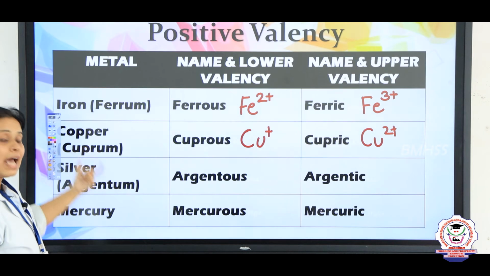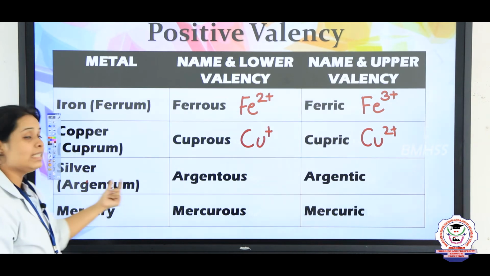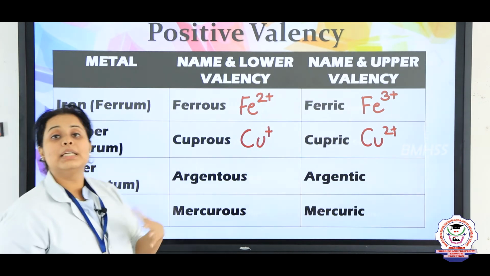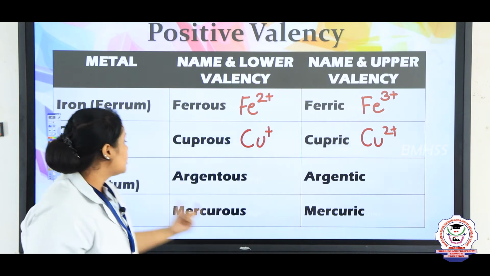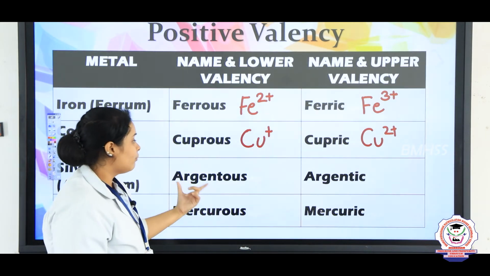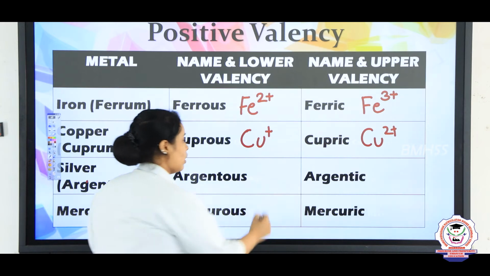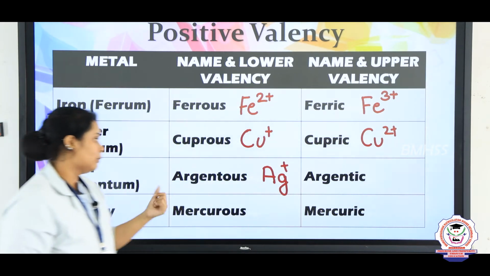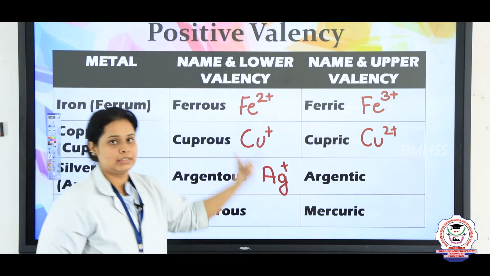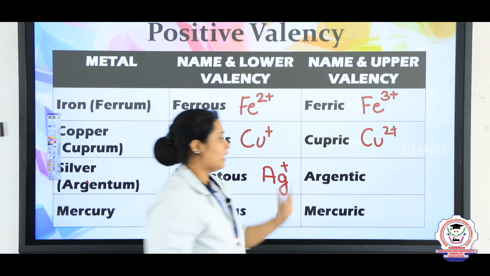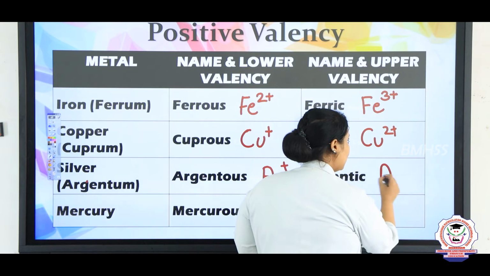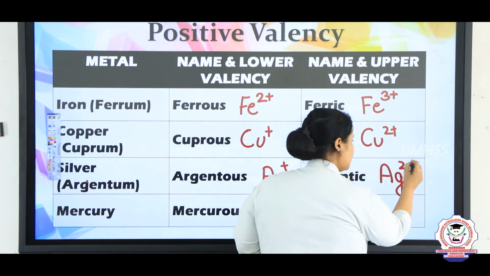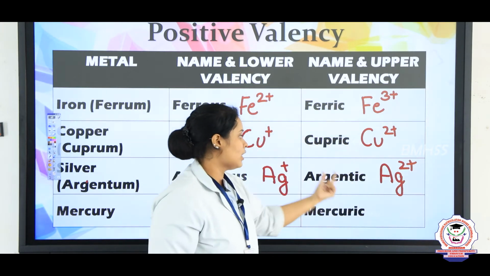Silver has the name argentum, which is a Latin name. Using this Latin name, if 1 electron is removed, it will become Ag plus and the name will be argentous. And if 2 electrons are removed, then Ag2 plus and the name will be argentic.